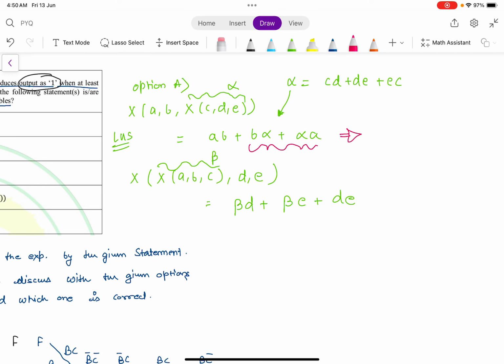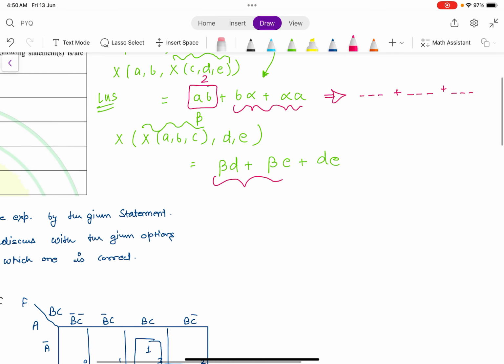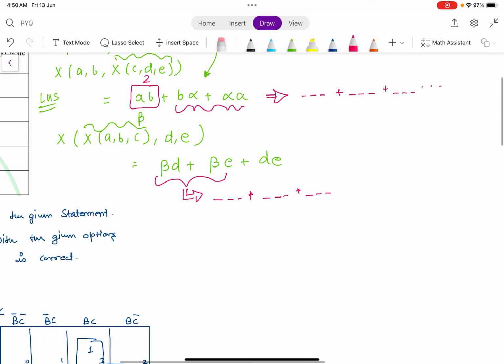It can be further expanded to size of 3 minterms, plus 3 plus 3, and this is the only fundamental minterm which is having size 2. And the same here, this is going to be expanded as minterms having size 3. It can be more or less. I don't want to tell you that there are 4 minterms or 6. It can be, but the size can't be less than 2. It can be 3 or it can be 2.